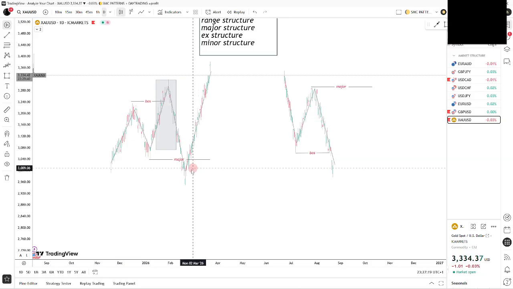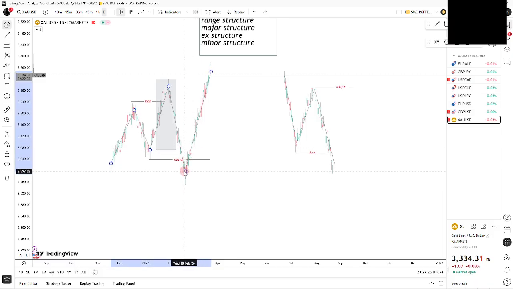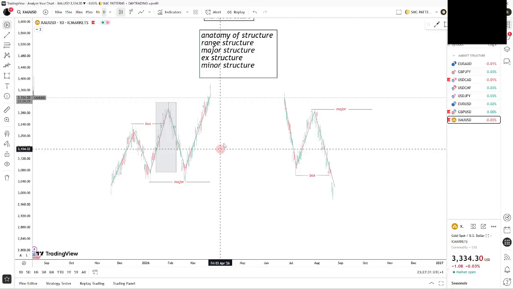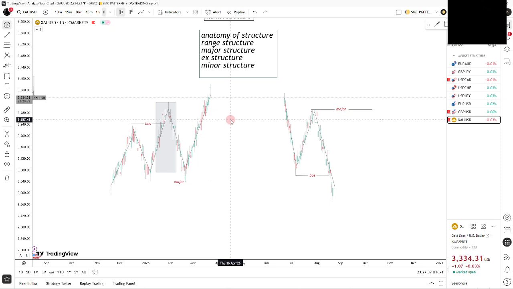Once the price breaks any measure, in an uptrend or in a downtrend, that means a change of character has happened. Get the information right.